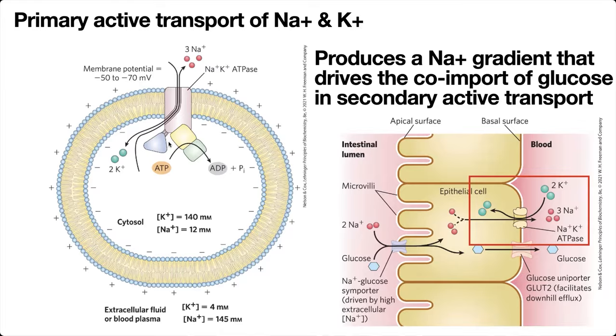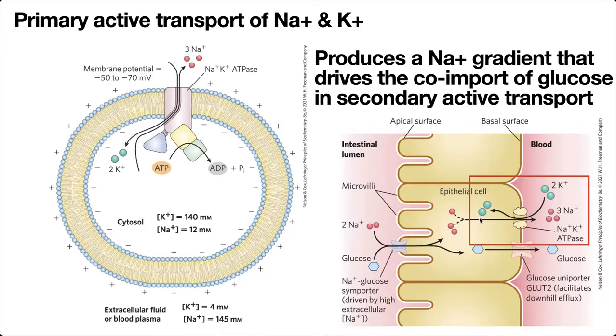We're actually going to see how we're going to be hydrolyzing ATP in order to cause a conformational change in this pump that pumps out 3 sodium ions and pumps in 2 potassium ions, moving them against their electrochemical gradient, maintaining that gradient so that we can use that gradient to power the movement of other molecules.